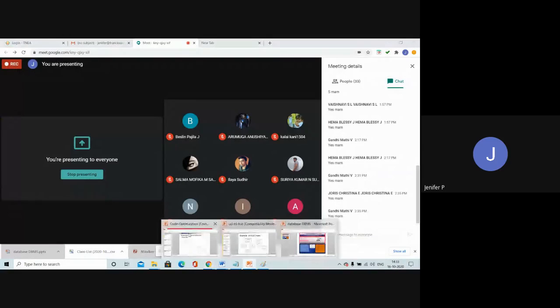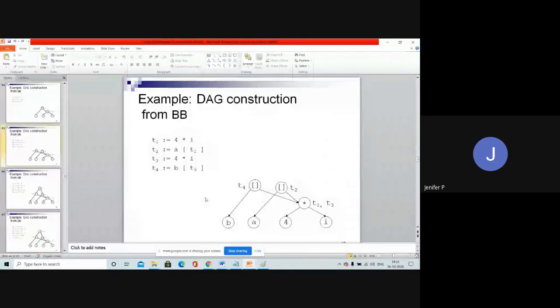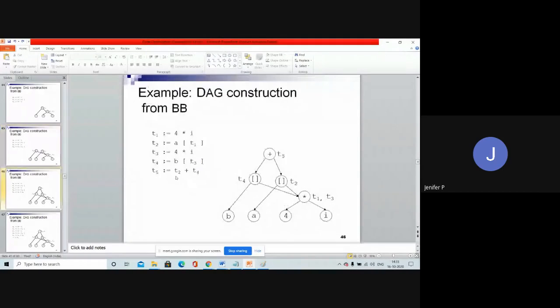Okay, so DAG, see here, T3 is equal to 4 into I. 4 into I is already there. So you have to put just up on the left side operand. So T3, right? And the next one, T4 equal to B of T3. So here array is the operator. The left child is B and the right child is T3. T3 is in there, and let it be T4. Okay. And the next one is T5 equal to T2 plus T4.